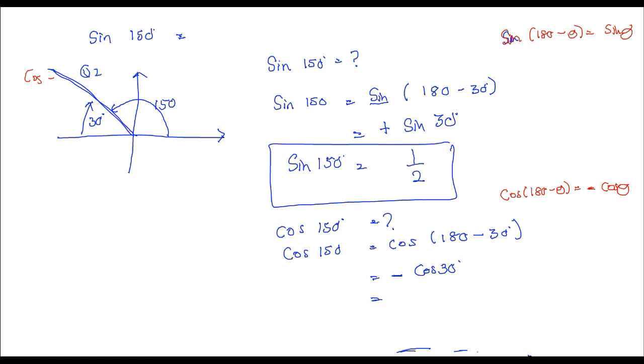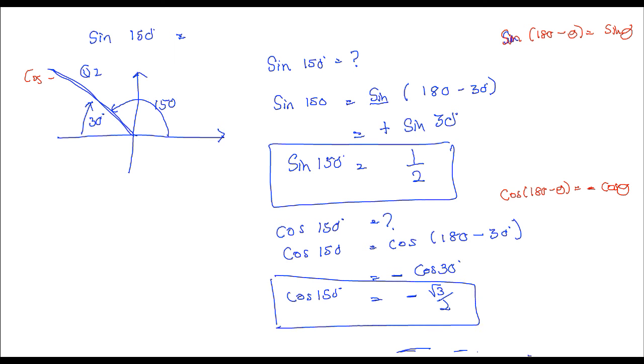Cos 30 is root 3 over 2, and that's negative. So now that's cos 150. That's done. So we found the answer of cos 150. That's how you use the rule if you have to find an angle which is in the second quadrant.